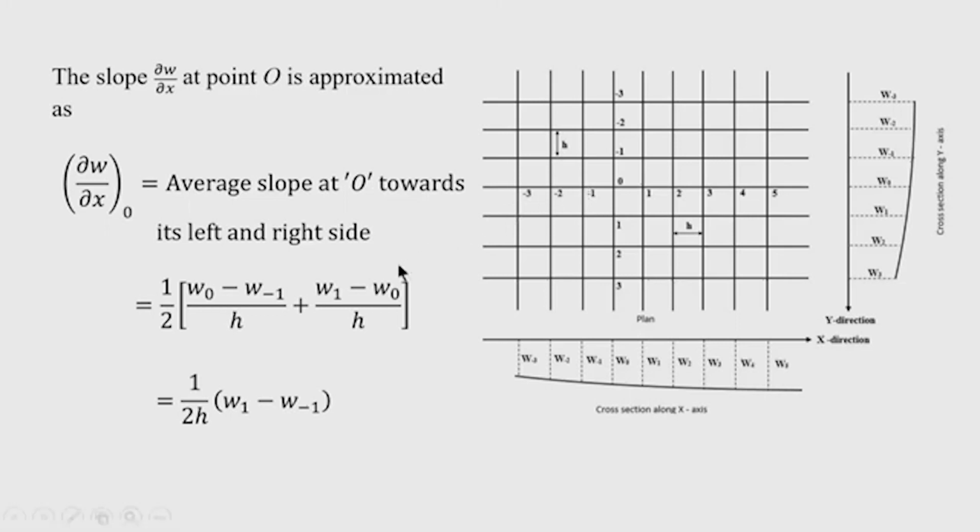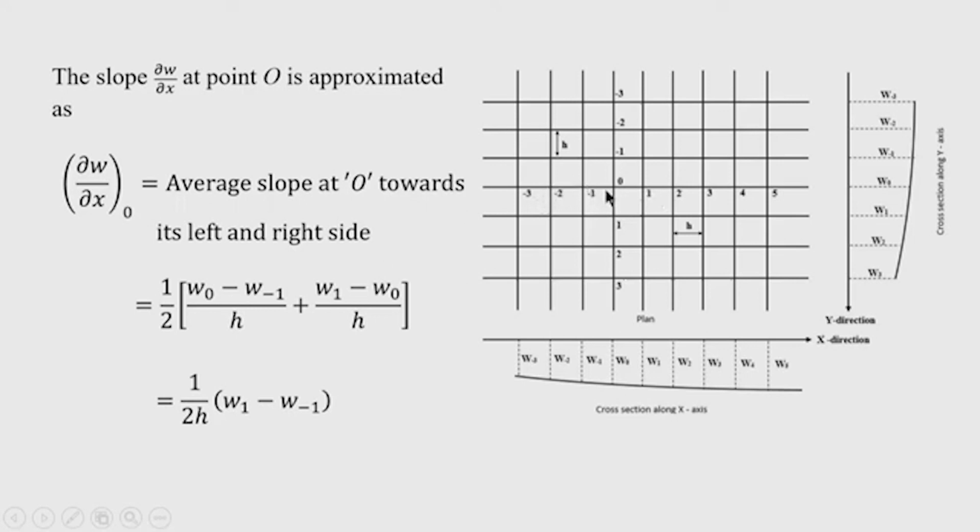So this is the displacement value on the right hand side, that is w1 and w0. The difference of w1 and w0 divided by the distance will give the slope of the line from 0 to 1. Similarly, on the left hand side, this is the forward difference, and this is the backward difference.